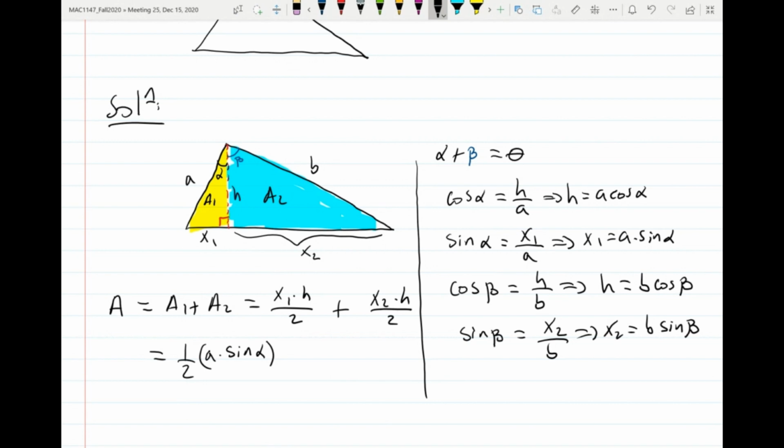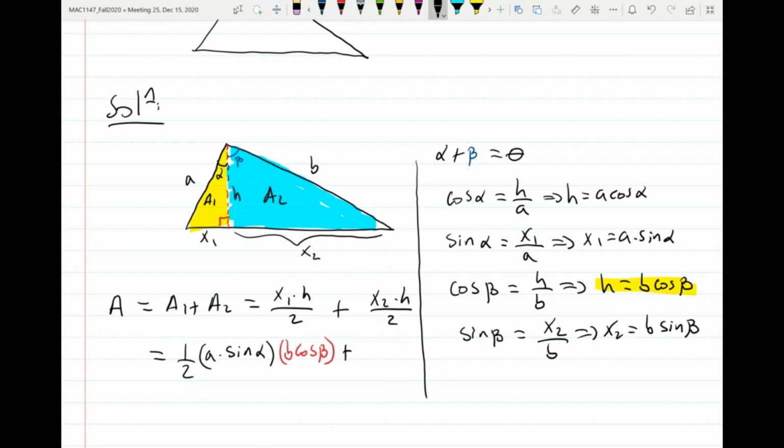Now, here is what I'm going to do. For the H in the formula for the area of the yellow triangle, I'm going to use this value of H. It's the same H, so I can use whatever I want. Instead of using A times cosine, I'm going to use B times cosine of beta. I'm borrowing that from there.